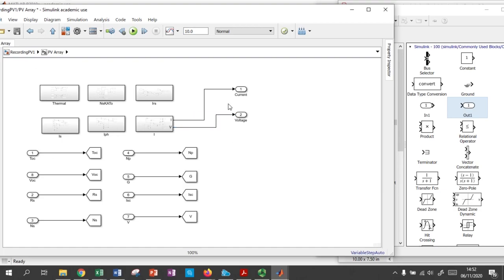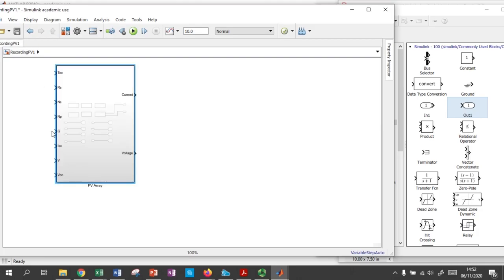Okay, that's great. Now we can see that we have these inputs and this output from our PV panels. Now we need to measure: we should give some input to the input ports, and we should receive some signal from the output.